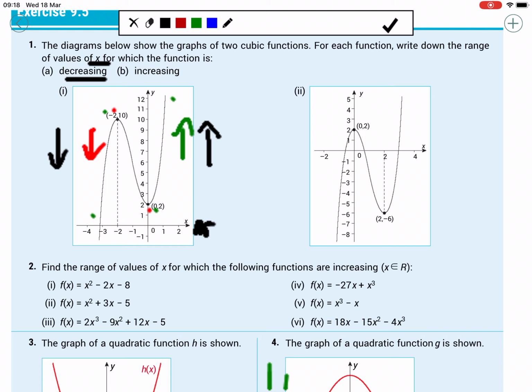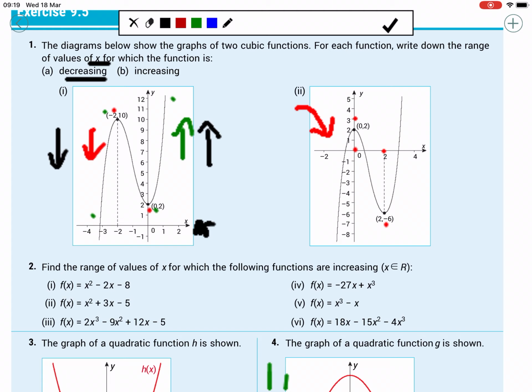It is decreasing as we go from 0 down to 2 on the x-axis, because the curve is going in a downward shape between 0 and 2.